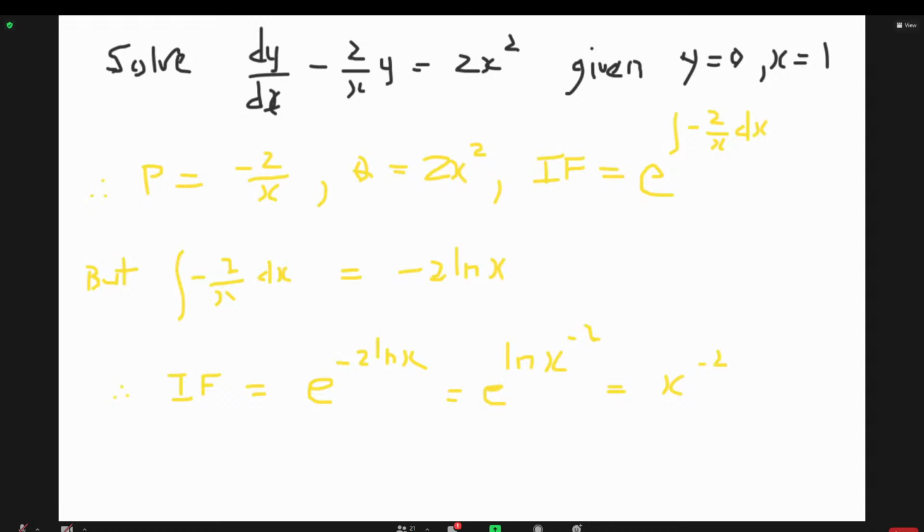All right, which is 1 over x squared. Substitute, therefore, y by our integrating factor, q.